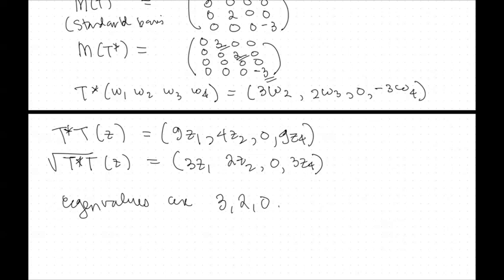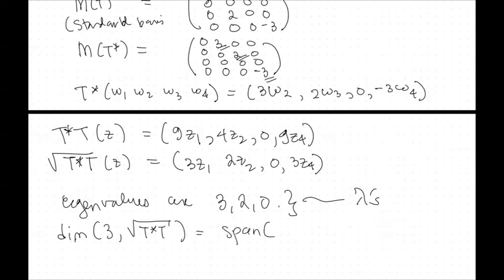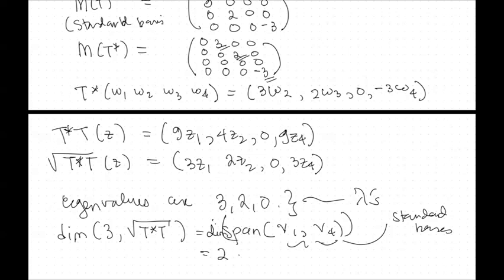For lambda equal to 3, the eigenspace of the square root of T star T is the span of V1 and V4, which are elements of the standard basis, so its dimension is 2.